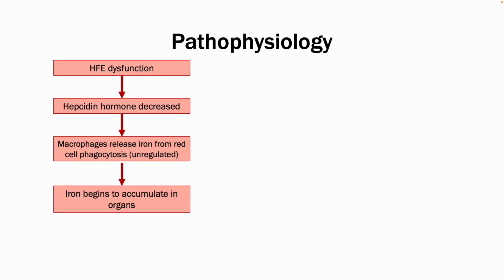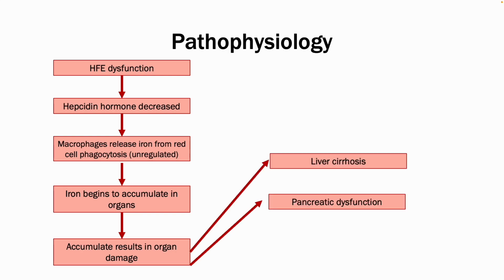This in turn results in iron accumulating in the organs, which over time results in organ damage such as liver cirrhosis, pancreatic dysfunction, and heart issues.